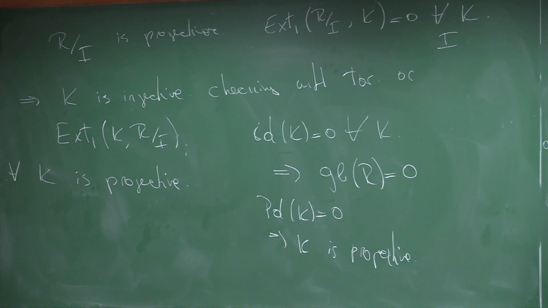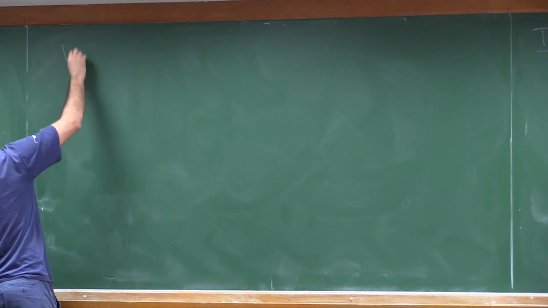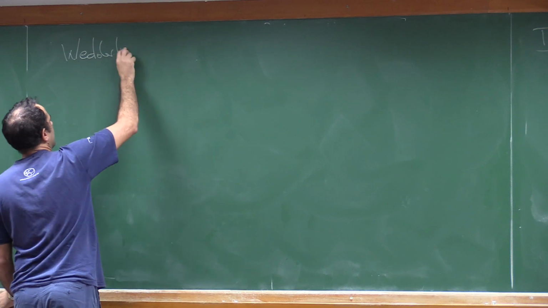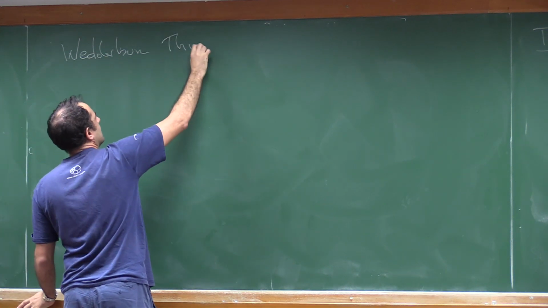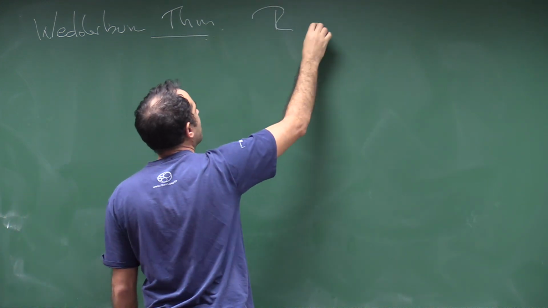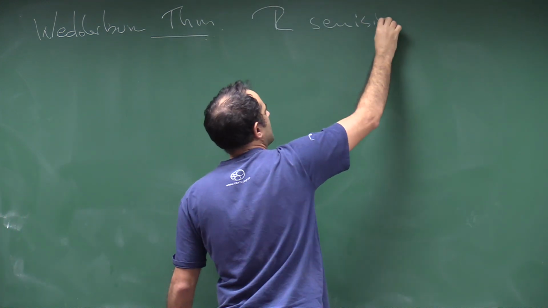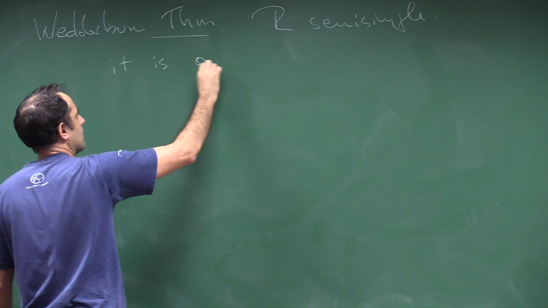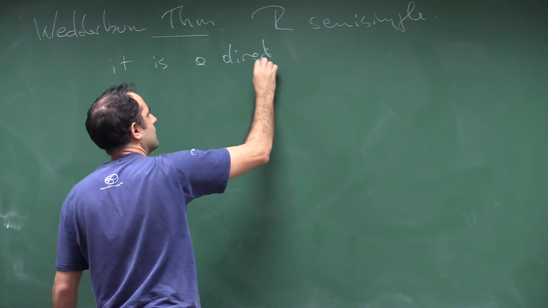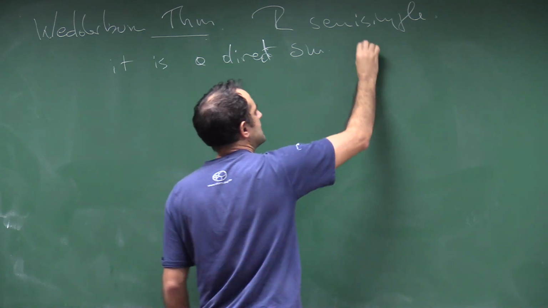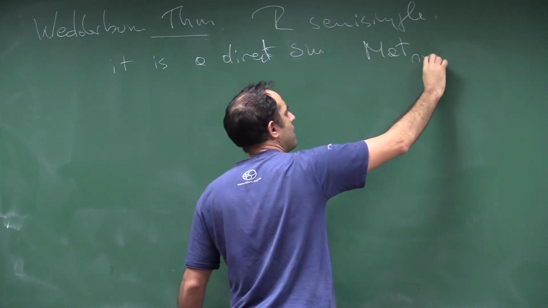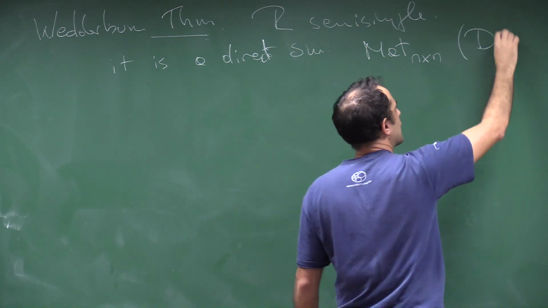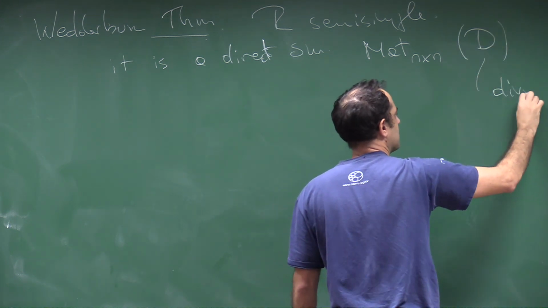I think we proved that in algebra 1 or algebra 2, I'm not really sure, but in one of these master classes we proved it. The Wedderburn theorem says that if R is semi-simple, then it is a direct sum of n by n matrices with coefficients in a division algebra.